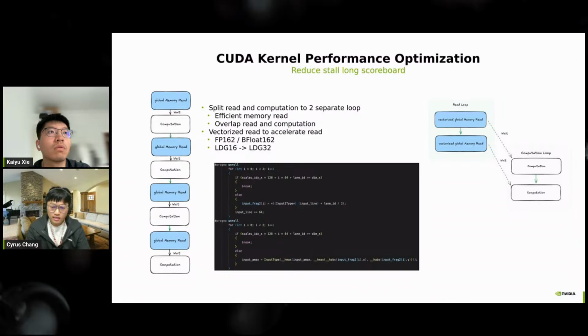It saves instructions because the LDG 16 read instruction will be converted to an LDG 32 read instruction. LDG is a SASS command, meaning reading from global memory. So we are saving instructions, and our reads will also be more coalesced. After the change, the new code looks like this.